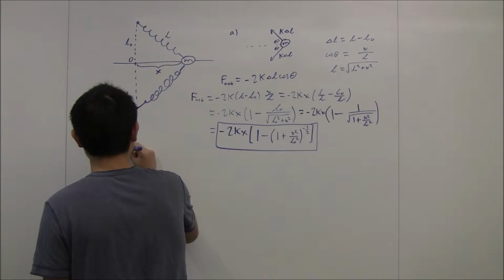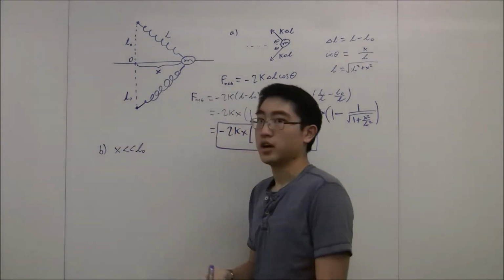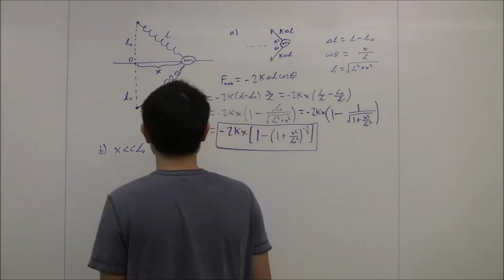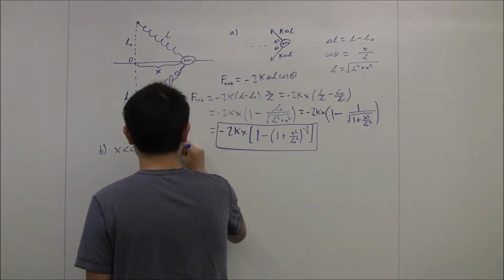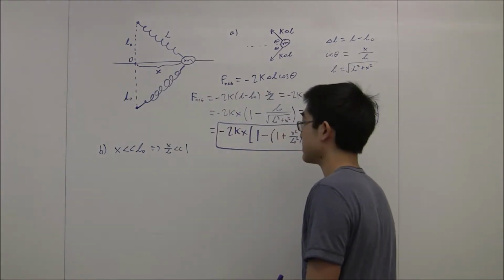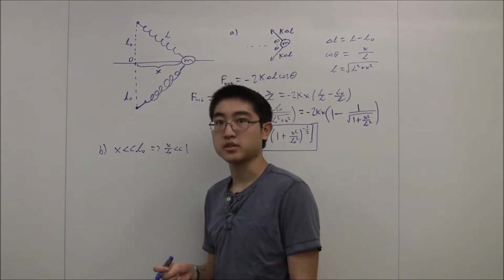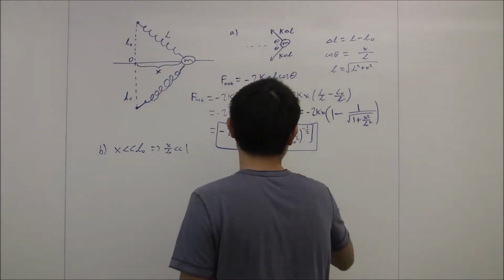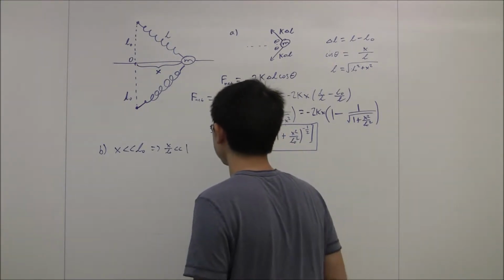And we're assuming that x is very small, or much, much less than L naught. So this means that x over L naught is much, much smaller than 1, which means that we can use the binomial approximation for the term in this parentheses.